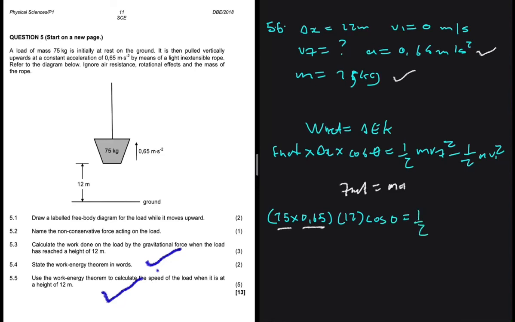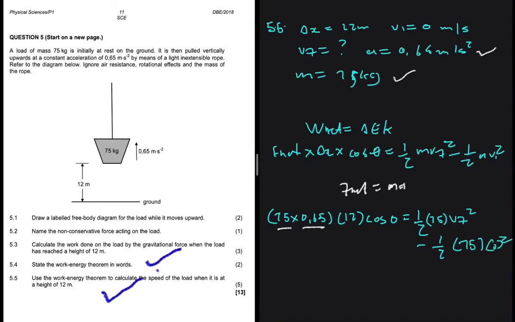The mass of the object is 75, so 75, and then Vf is what we're interested in, so we have Vf squared minus a half 75. Vi is 0, we're coming from rest, so we have 0 squared, right?